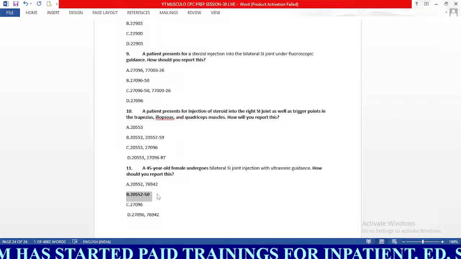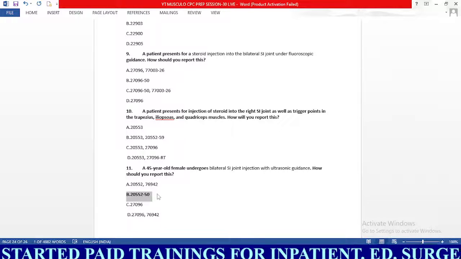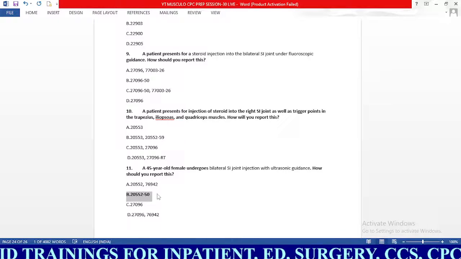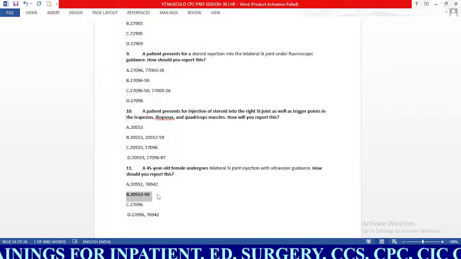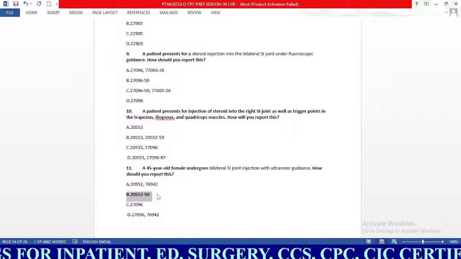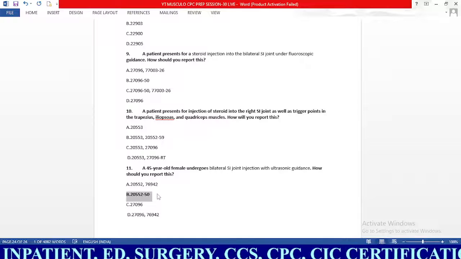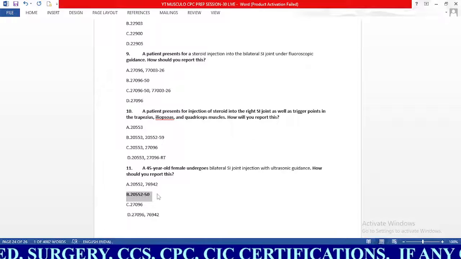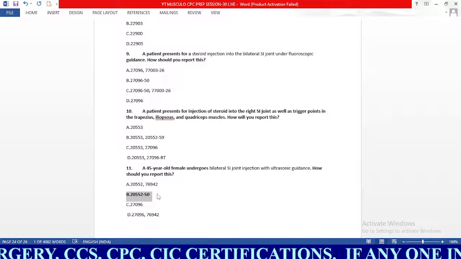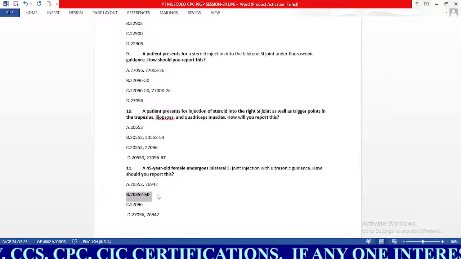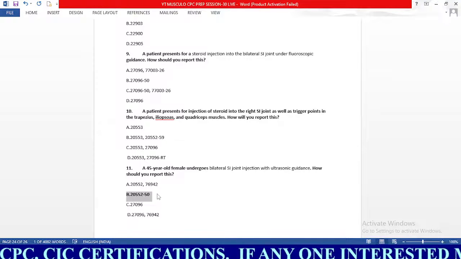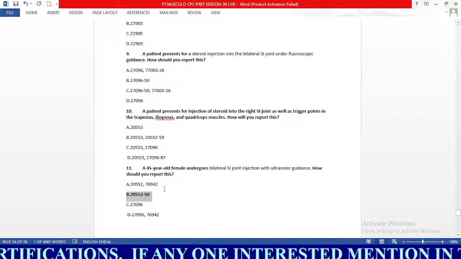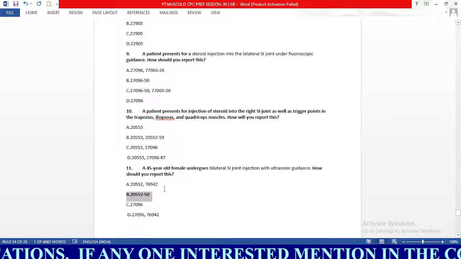based on the guideline under 27096. So the 11th question answer is B. Based on guidelines, if the physician uses ultrasound guidance other than fluoroscopy or CT, we need to use 20552 and we need to give a laterality modifier. Puja, you can check under 27096.